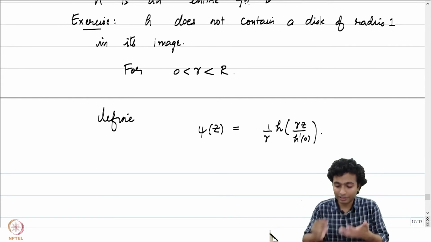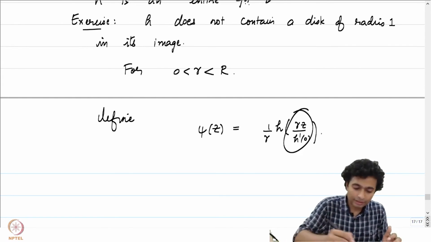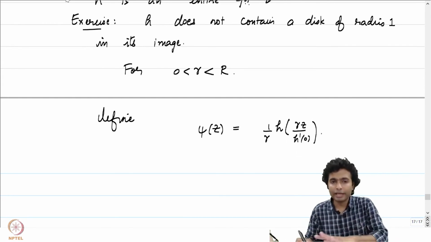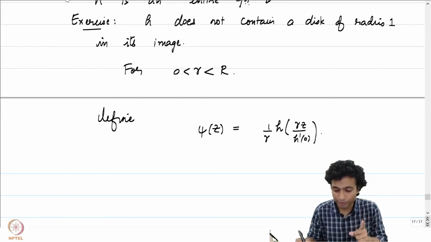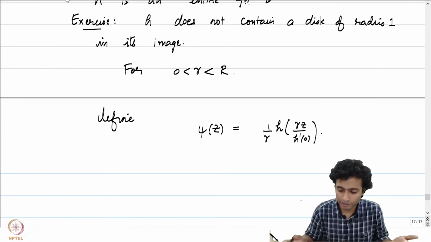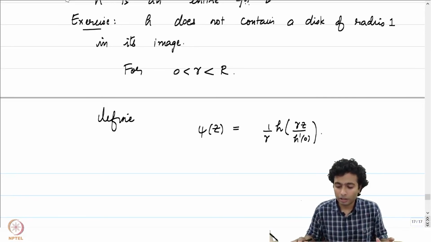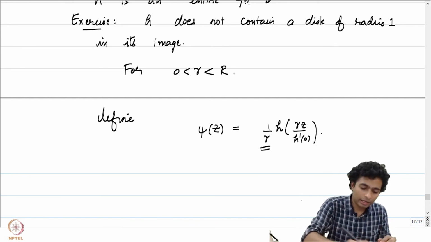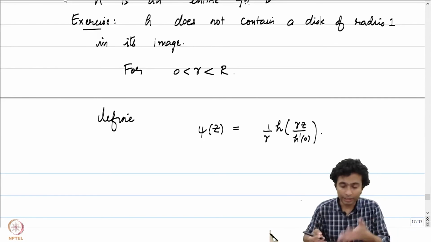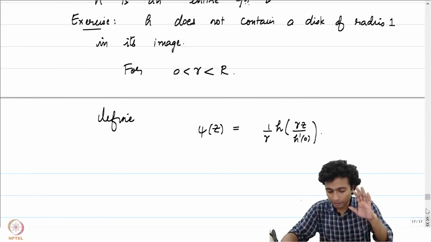Notice that whatever is inside here is just multiplication by a complex number, r by h prime at 0. H prime at 0 is not equal to 0, that is being used crucially. So, r by h prime at 0 is multiplication by a constant. It takes 0 to 0, and again 1 by r is multiplication by a real number. So, this makes perfect sense.